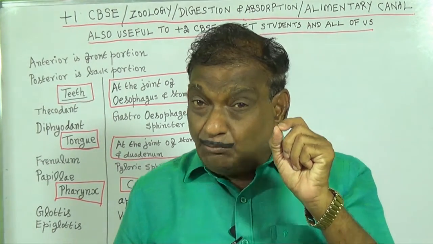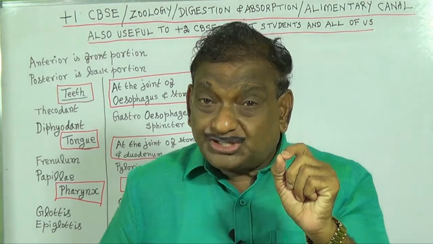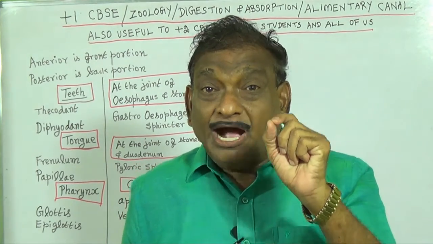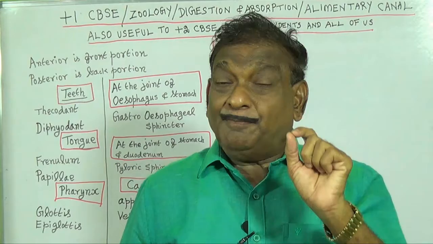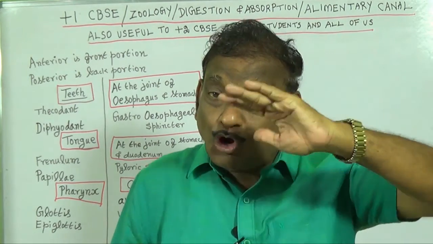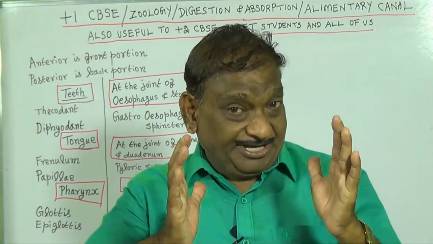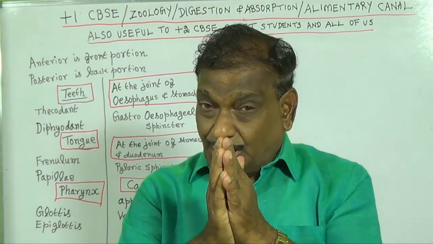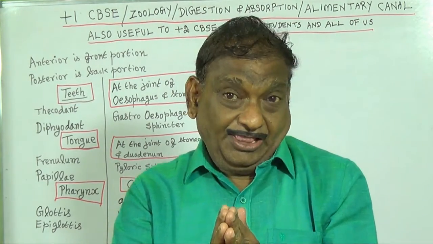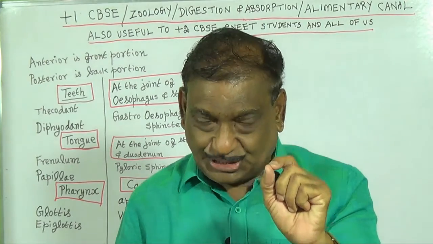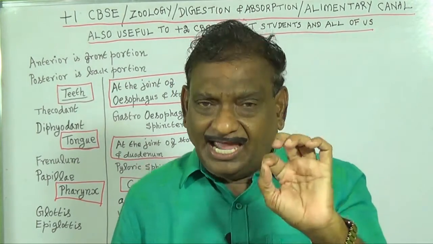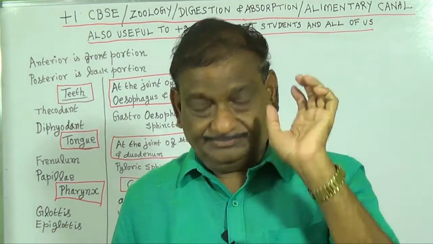Then the mouth opens into the buccal cavity. The buccal cavity is also called the oral cavity. In this buccal cavity there are two organs. One is the tongue, another is the teeth.